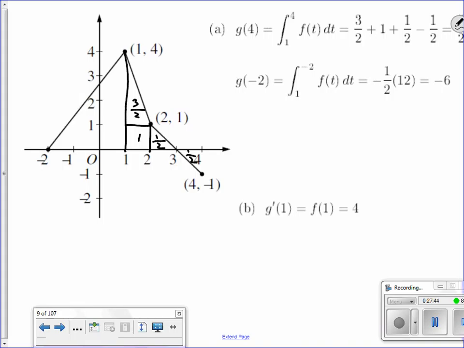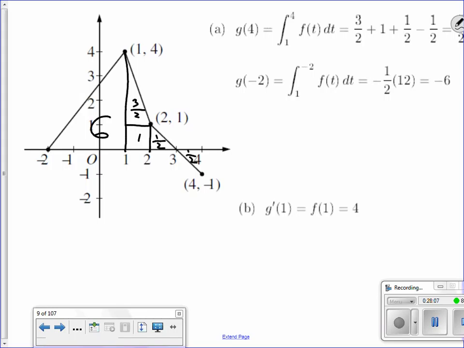And for G of -2, you had to get the definite integral from -2 to 1. If you take this area, triangle, 1/2 base times height, 1/2 of 3 times 4 is 6.